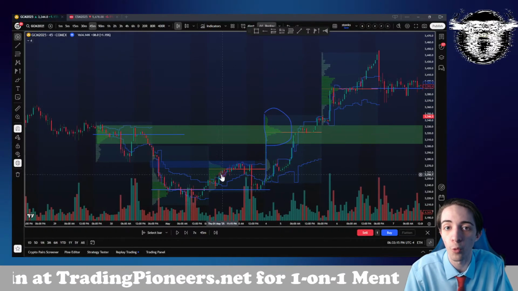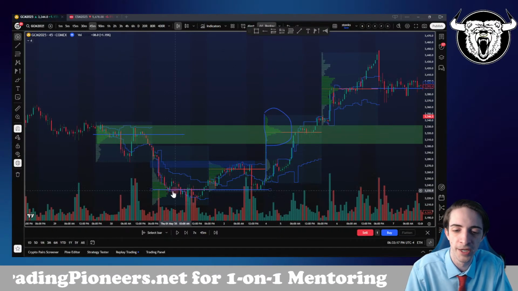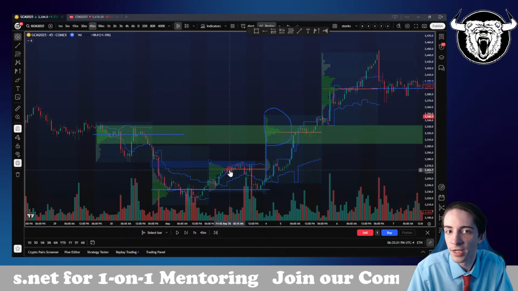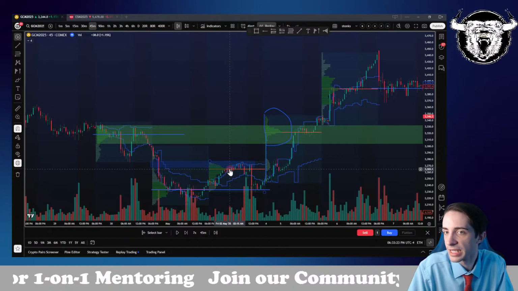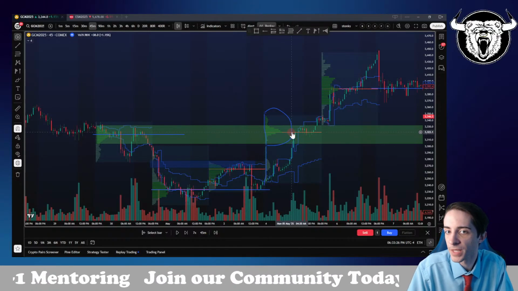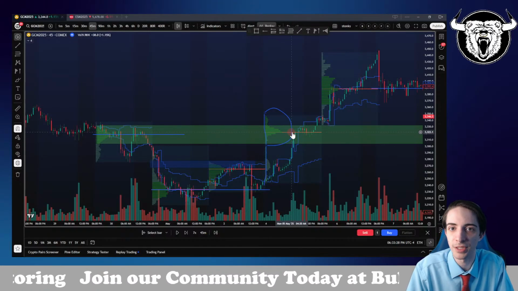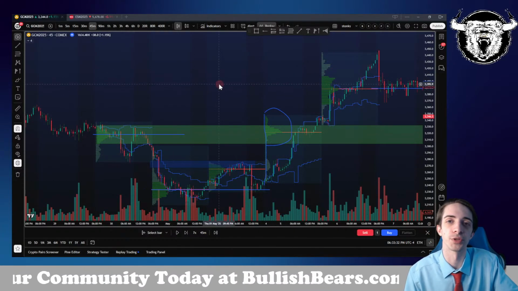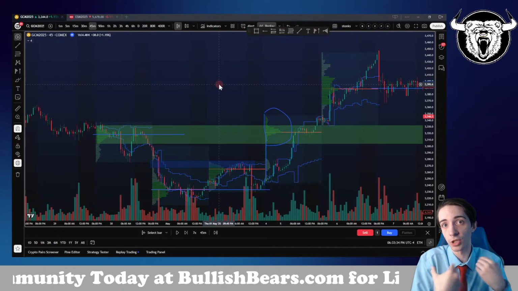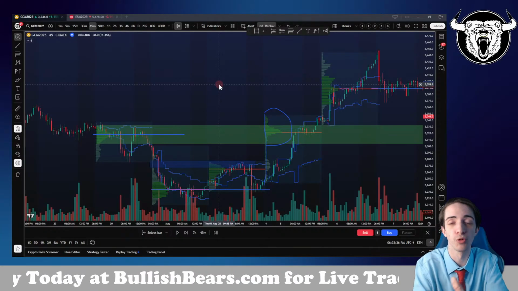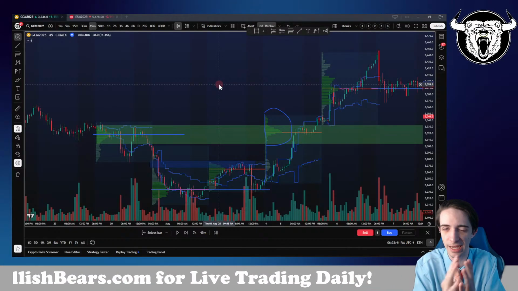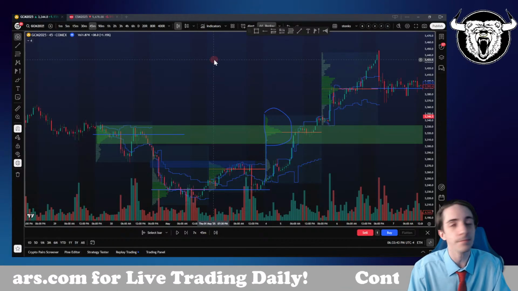Whereas if we're moving away from point of controls, you see how this is Thursday, point of control was at 32.34, then Friday it was at 32.65, Monday it was at 33.22. Point of control was moving higher day in, day out. So with that going on, that's giving me the trend of the market on gold with the point of control, with the volume profile, with the fixed range daily volume profiles.